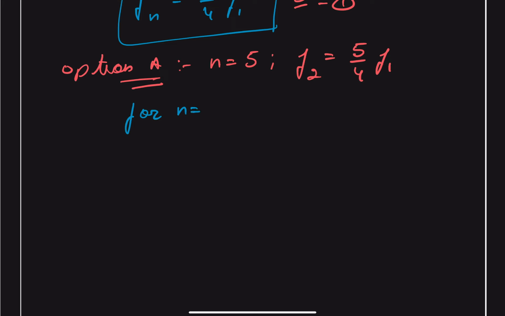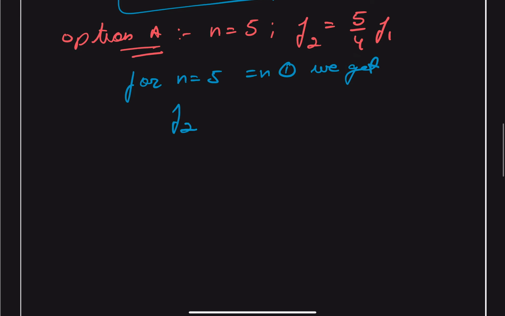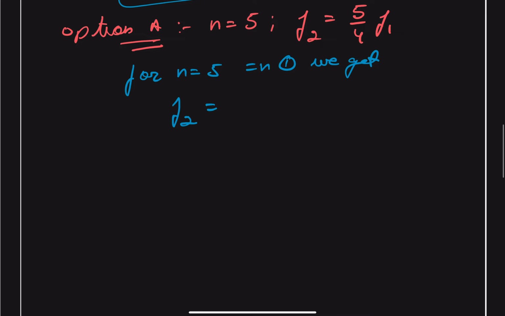For n equal to 5, equation 1 gives f2 equal to 5 upon 4 times f1.